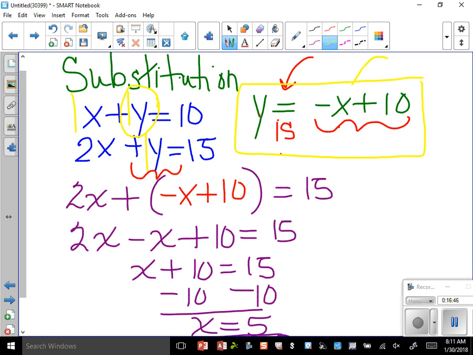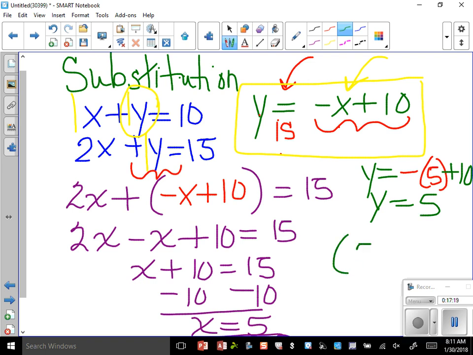So where I see x here, I'm going to substitute the value of 5. So this will be y equals, and then I'm going to put negative 5 plus 10. So what is negative 5 plus 10? It actually comes out to be 5 as well. So now I have my x and I have my y value. So if we were to graph this, then the lines would have intersected at the coordinate 5, 5.